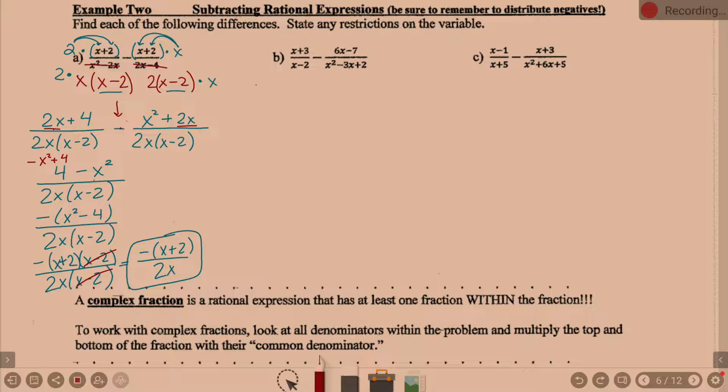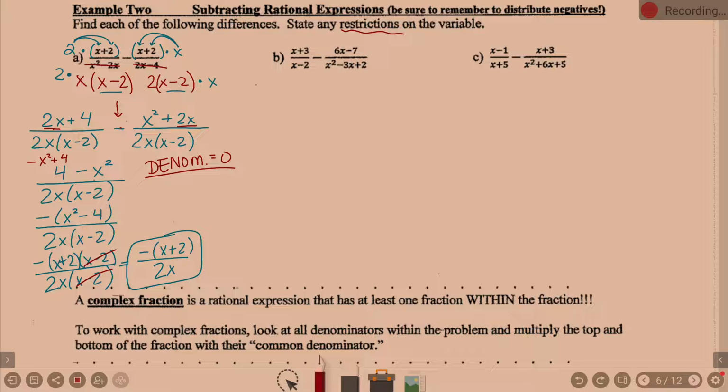What do we still have to ask ourselves? Restrictions on the variable. At least Math Excel reminds you of that, right? Denominators equal to 0. X minus 2 definitely gets set equal to 0, and I would think of my other piece as 2x.